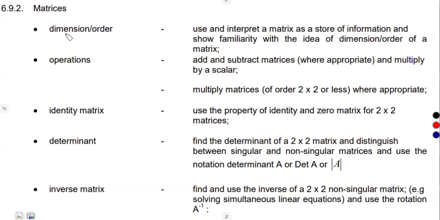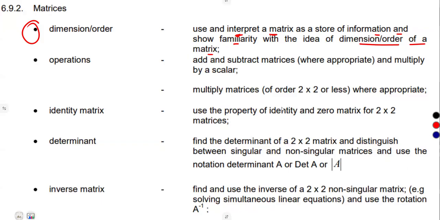You are going to need to know the dimension or the order of a certain matrix, to use and interpret a matrix as a store of information and show familiarity with the idea of dimension or order of a given matrix. So that is the basic part that you're going to actually work with for the introduction.